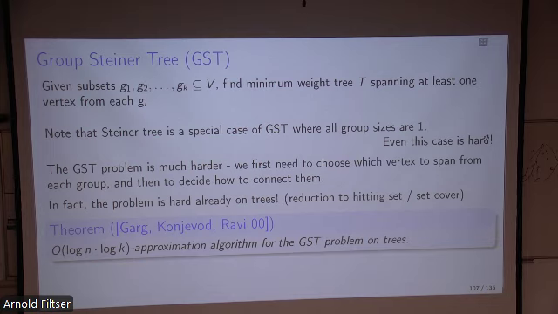On general graphs directly, it's completely unclear how to solve. And the idea is to take a general graph, reduce it to a tree using stochastic tree embeddings, and then to use the algorithm of Garg et al. as a black box to obtain an approximation algorithm for general graphs.